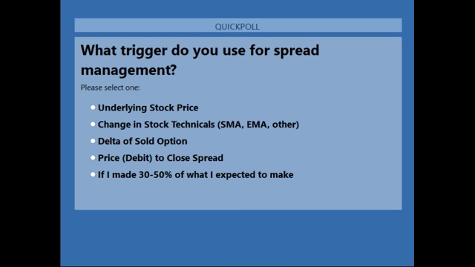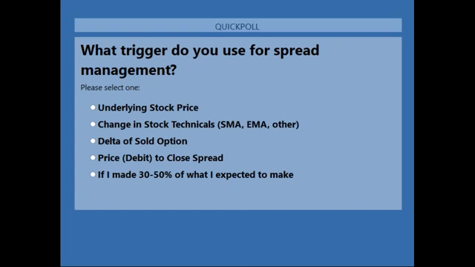We only have 2 polls today, but what I'd like to know, to you personally, what trigger do you use for spread management, whether it be a bear call or a bull put? Do you look more at the underlying stock price? Do you look at a change in the stock technicals, whether it's the simple moving average, EMA, or more?